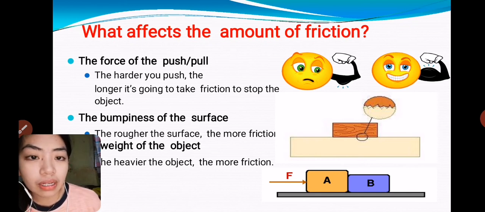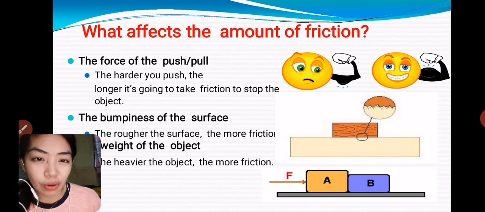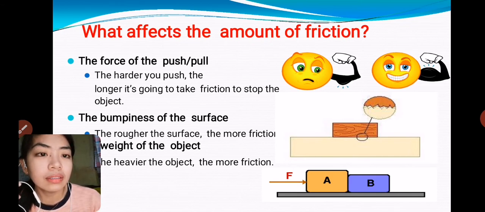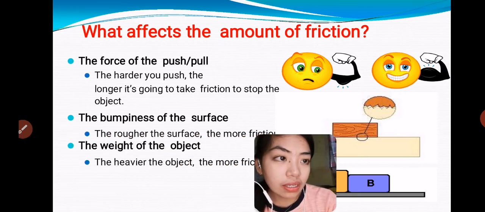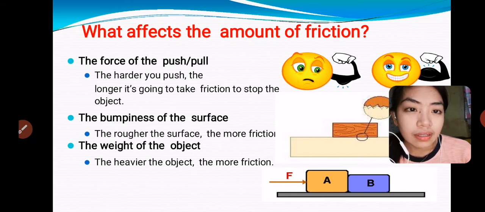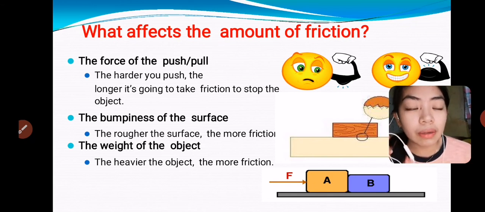Kaya nga kapag dumadaan sa lubak, ang tendency is medyo matagal umandar, kasi parang hirap na hirap yung sasakyan, kasi nga mataas yung level ng friction. The next one is the weight of an object. The heavier, the more friction. Mas mabigat, mas mataas yung friction.